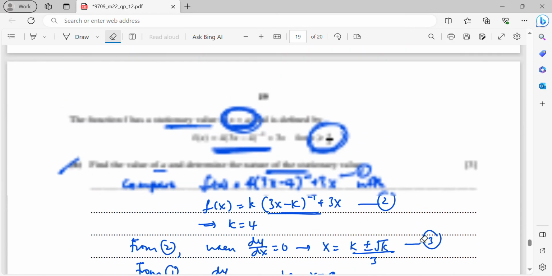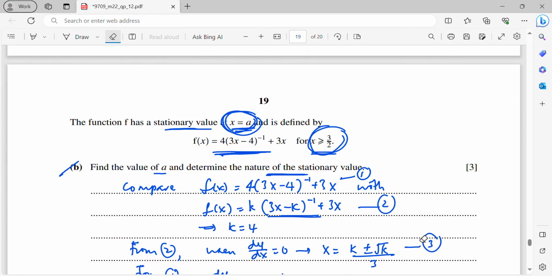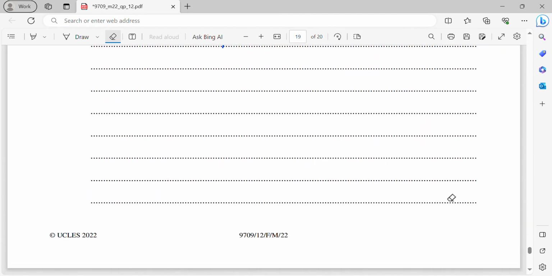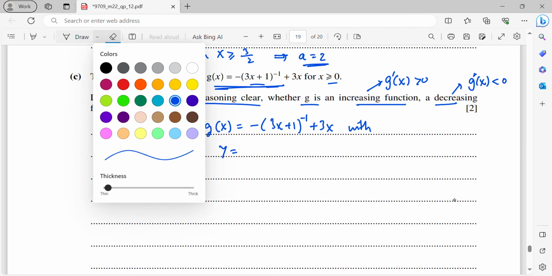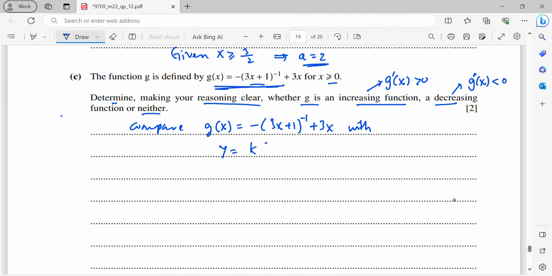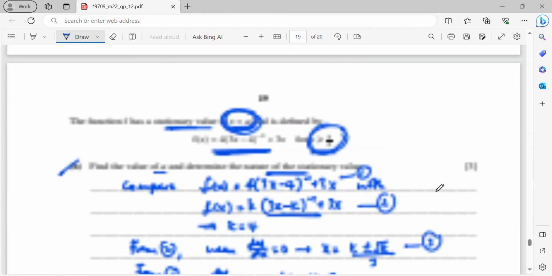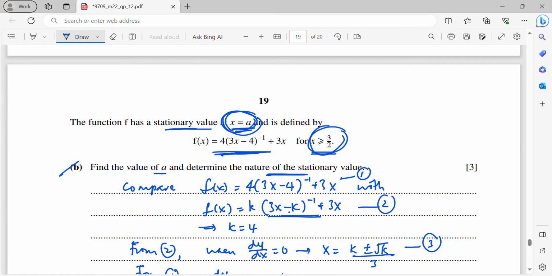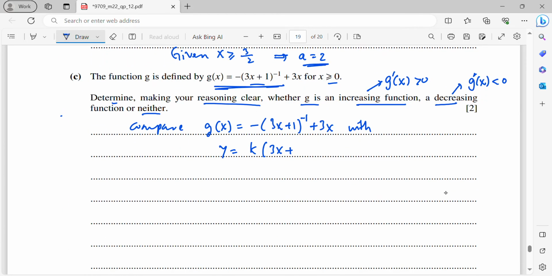When you refer back to the second equation over here, it is k times 3x minus k, sorry, minus k, to the power negative 1, plus 3x. So I will get the conclusion that k is basically minus 1.